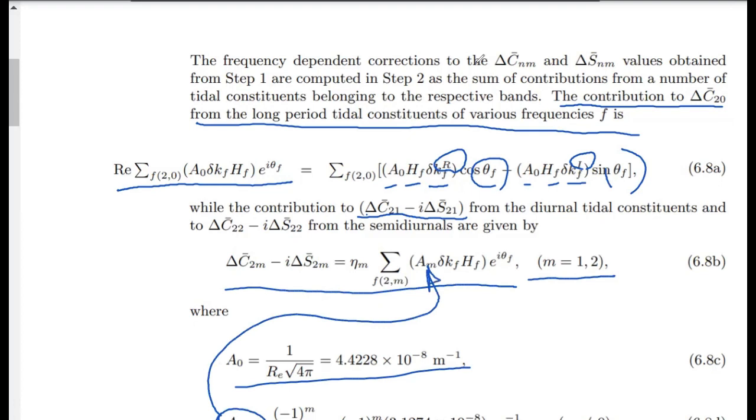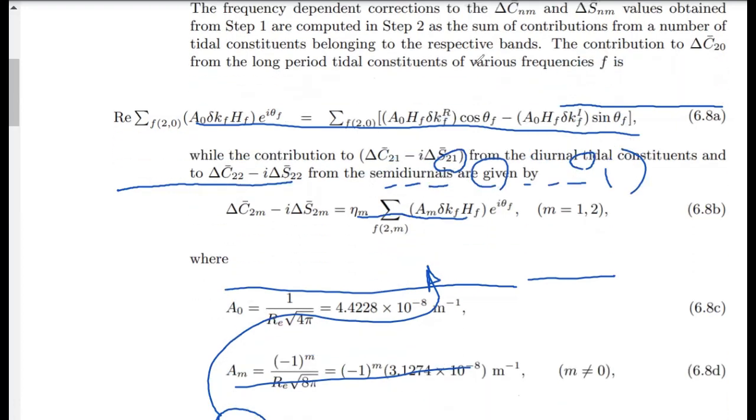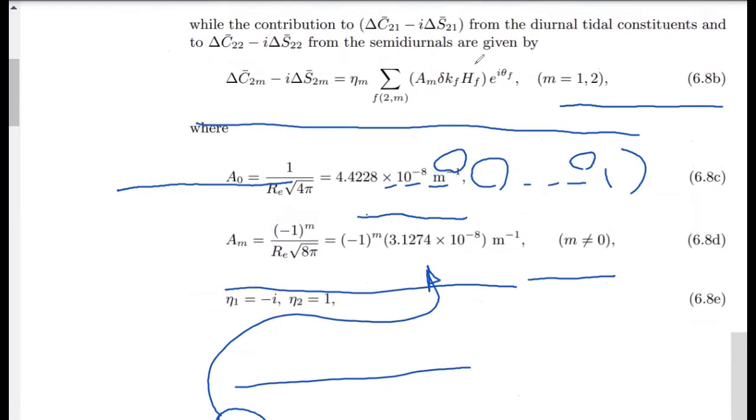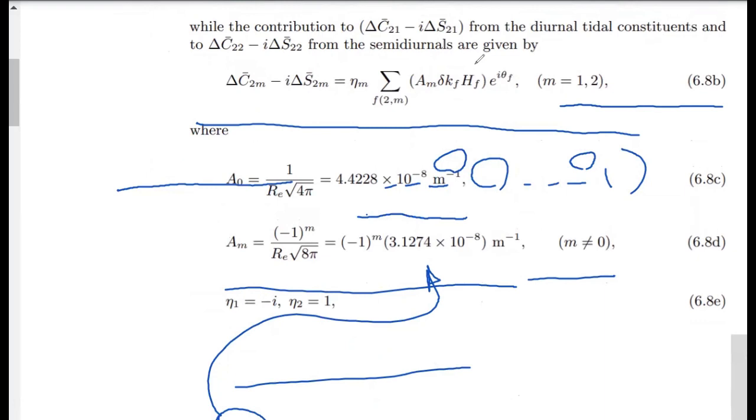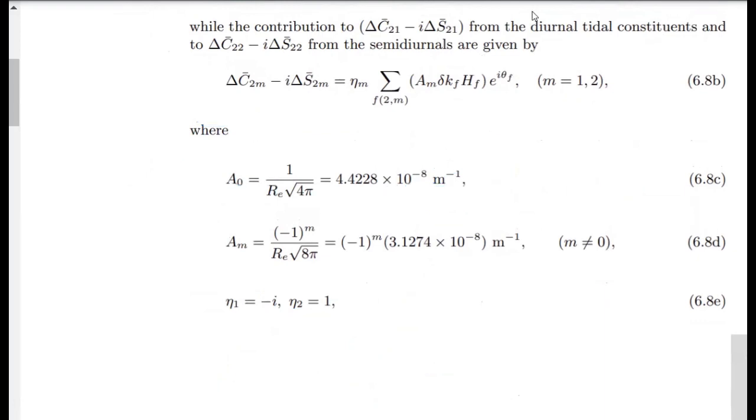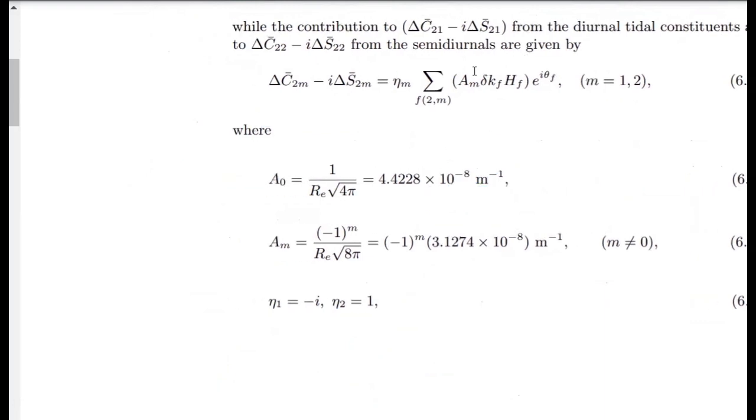It depends on M. And for eta 1 and eta 2, you will use minus these values simply. This is just a computational procedure.